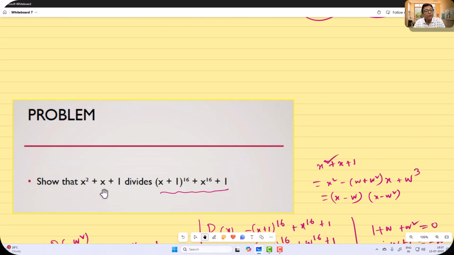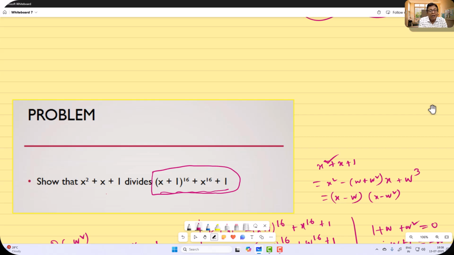So x square plus x plus 1 divides this polynomial. Again, you factorize the polynomial which you are going to divide, this polynomial of 16th degree.